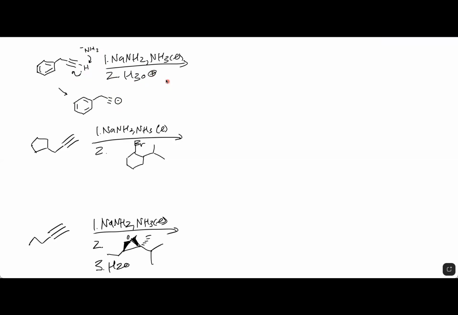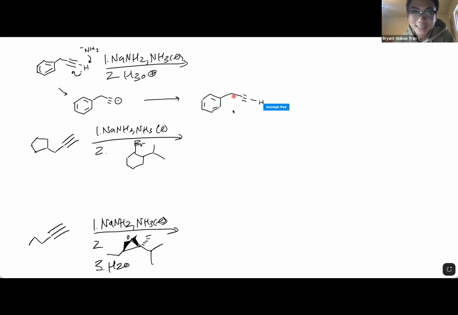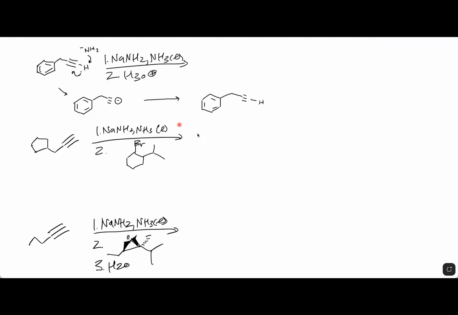And then doesn't this just turn into the starting material? Yeah, basically no reaction happened because that's the exact same starting material we had. The product is the same thing as the starting material. So you could say no reaction happened, but a reaction did happen. It just got deprotonated and protonated again, but it gives you the exact same thing you started with. Okay, gotcha.